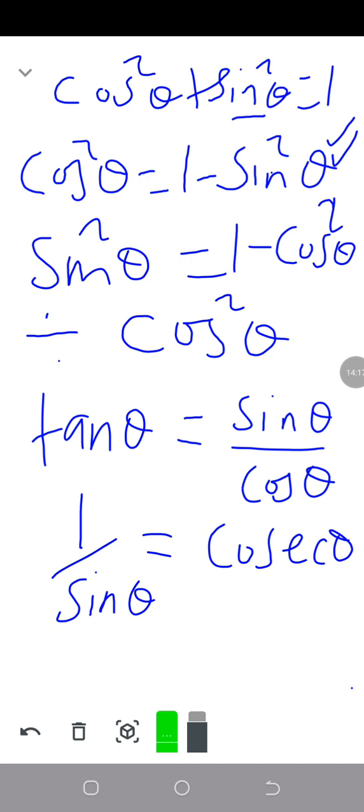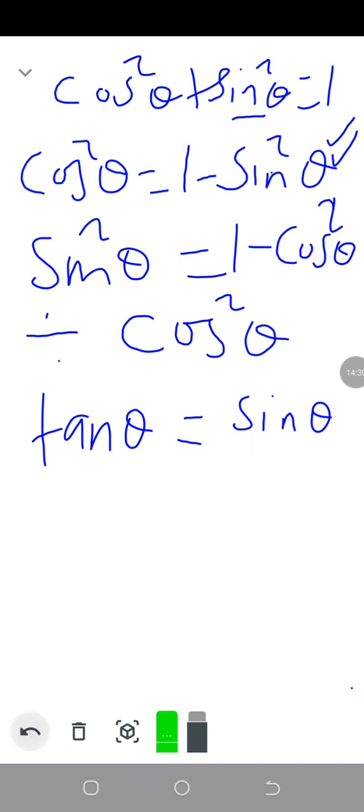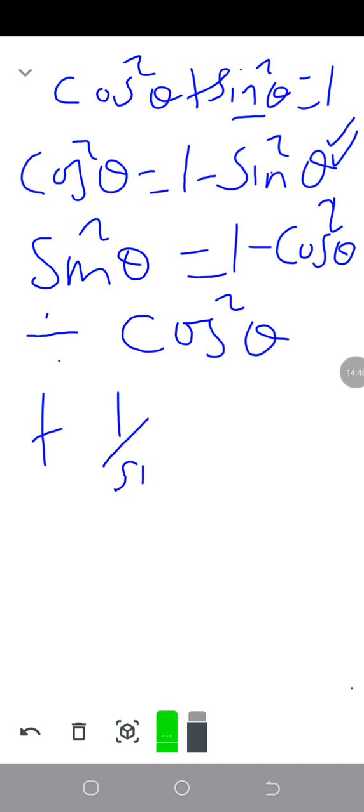Now, all these ratios seem to be new to some of us, especially those from senior 4, but we need to be familiar with them. We are used to tan theta being sine theta over cos theta, but you need to also understand other trig identities, like 1 over sine. As I said, it is the same as cosec theta.